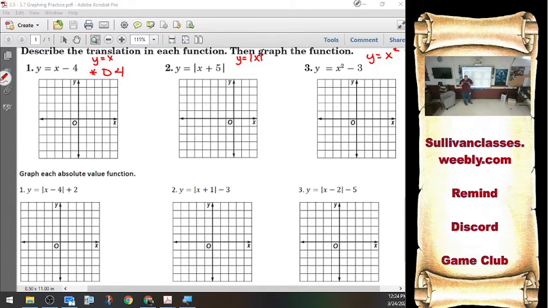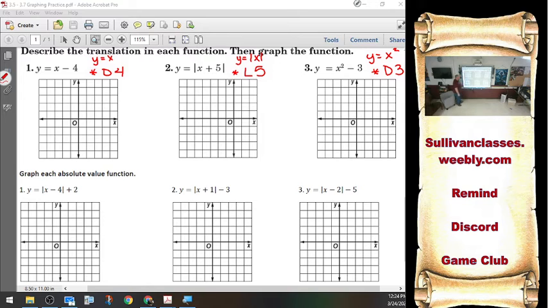Okay, inside the brackets is left, right, and inside the brackets is bass-backwards land, so we go left 5. It's outside parentheses or brackets, and it's negative. But it's also squared. This part's squared, so that just tells me that it's going to be a parabola when I graph it. This thing heads down 3.